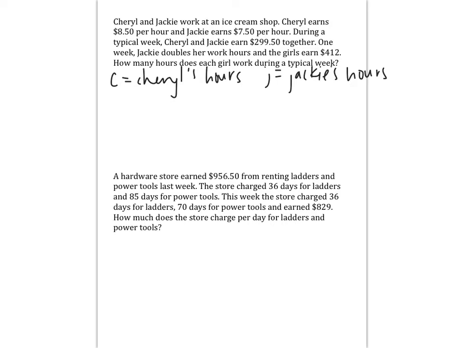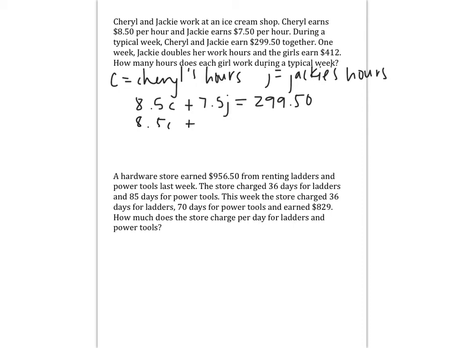So for the first sentence, Cheryl earns $8.50 per hour. So I'm going to write 8.5C plus Jackie earns $7.50 an hour, so plus 7.5J. And during that typical week, they make $299.50. Okay, now for the second statement, Cheryl will still work her normal hours, but Jackie's going to work double.